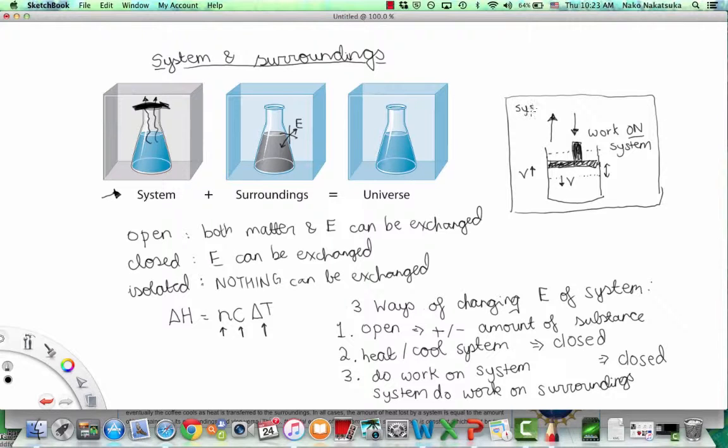So system work on surroundings. So this is just an example of how you can change the energy of a system by doing work on the system itself or doing work on the surroundings. And now I'll talk a little more about work and how the piston moving out is going to change the energy of the system.